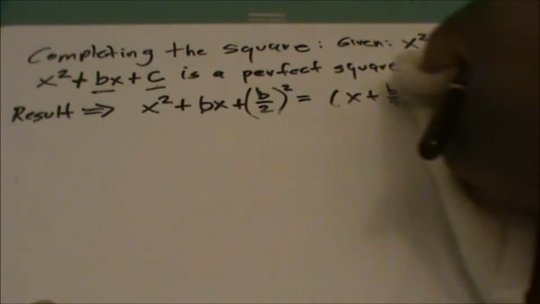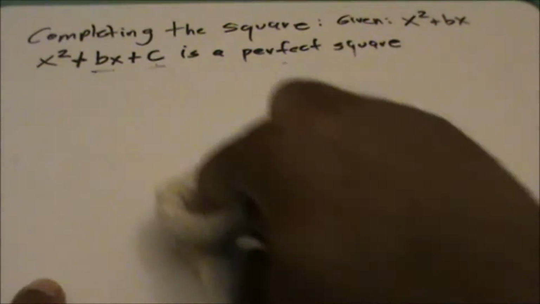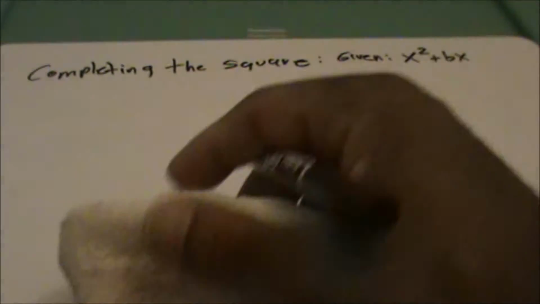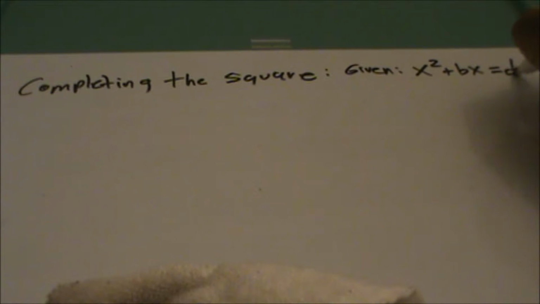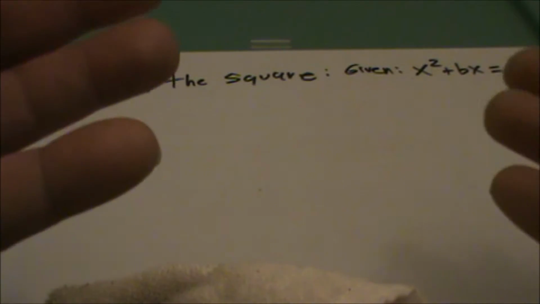I'm going to erase this. And let's erase all of this. I'm going to say, given x squared plus bx equal to some d value. That means if there's already a number present after the equal sign, what do we do with it?